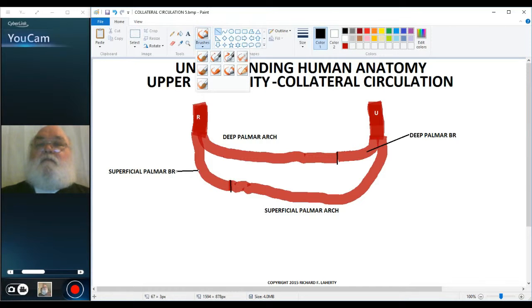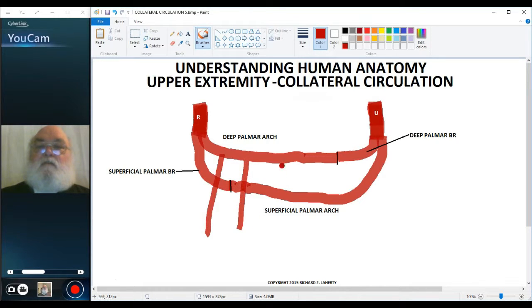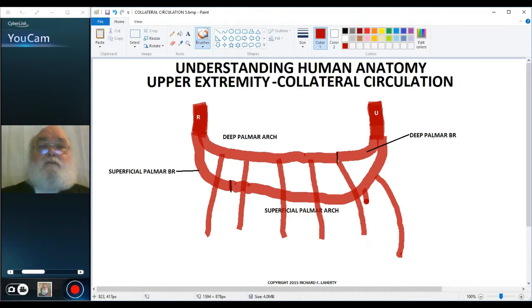Now, again, we're going to have branches. From the deep arch, those would be the metacarpal arteries. Then we have metacarpal arteries coming from the superficial arch.